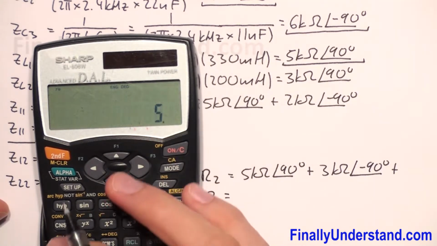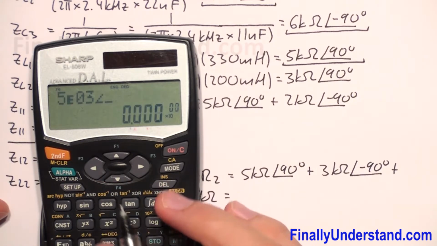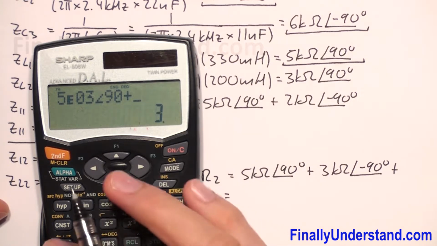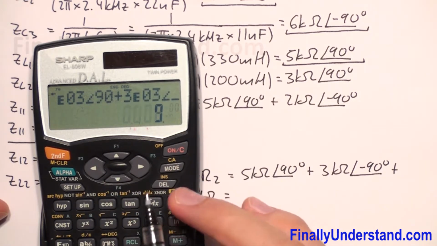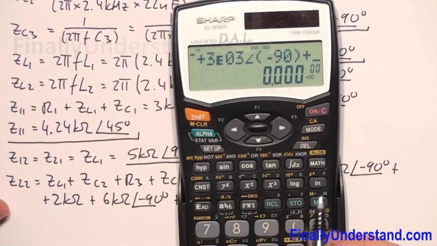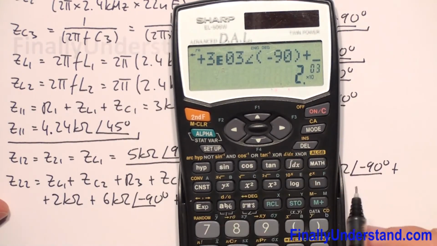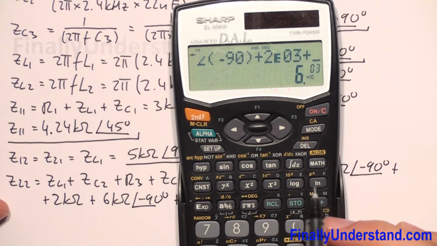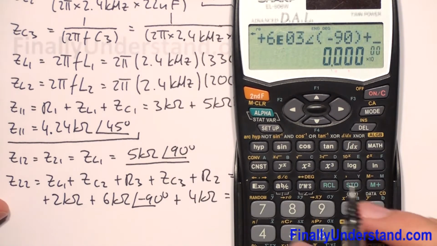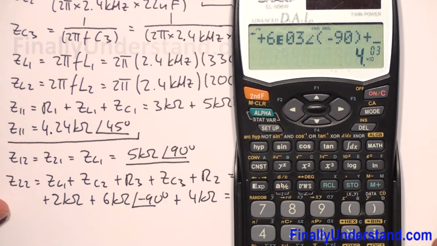So I have 5 exponent 3 angle of 90 degrees plus 3 exponent 3 and angle of negative 90 plus 2 exponent 3 plus 6 exponent 3 and angle of negative 90 plus 4 exponent 3.